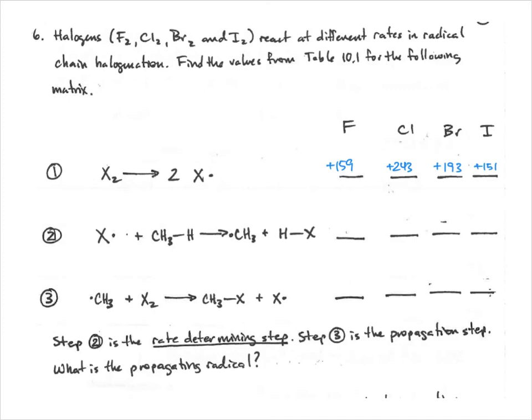So let's see if you all follow what this next propagating step is telling us. We're taking an X radical, it's abstracting a hydrogen to make a methyl radical and HX. So what value should I put here? Take a minute. See if you come up with the same value that I got.